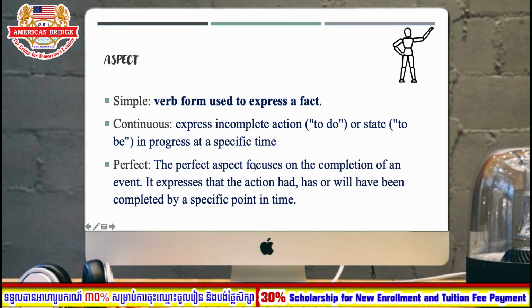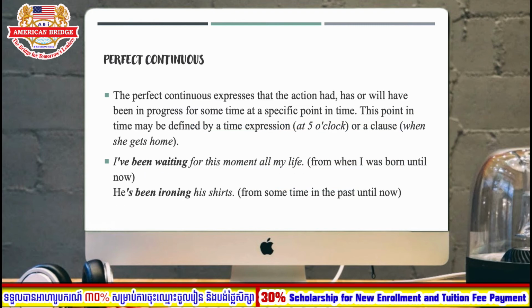So when we combine the perfect aspect and the continuous aspect together, we get another aspect, which is perfect continuous. We can say past perfect continuous, present perfect continuous, and future perfect continuous. So the time is not really important.